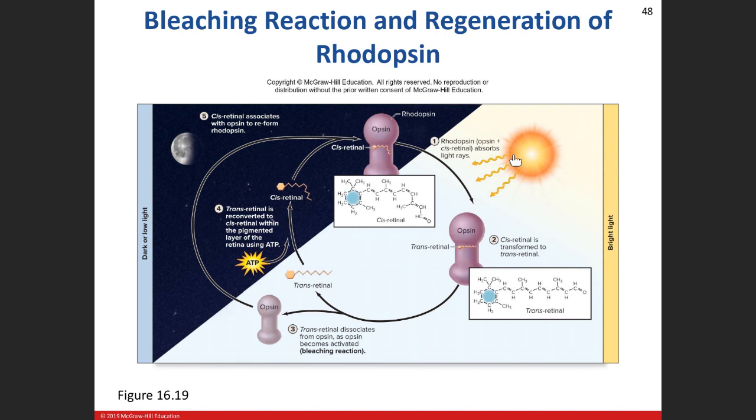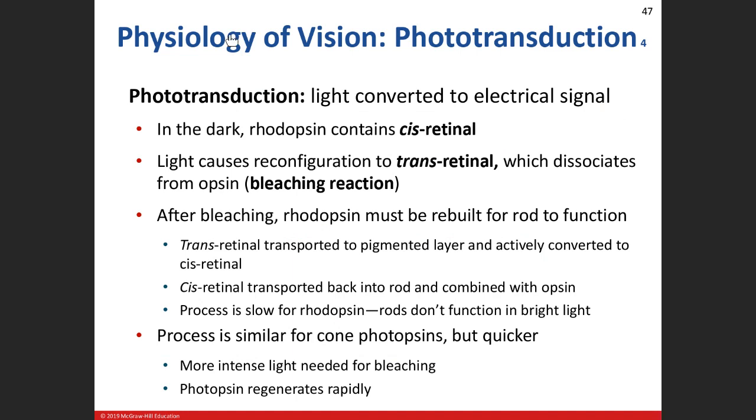So when the photopigment absorbs that light, it just changes the cis-retinal to the trans-retinal. That's all we're seeing there. Because of that, the retinal molecule pops off the opsin protein.